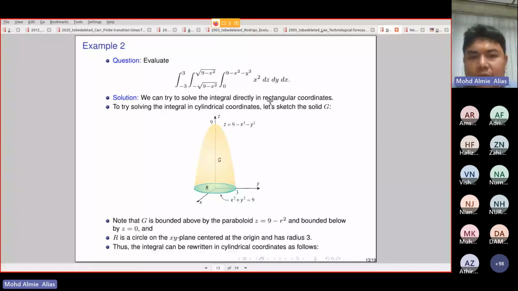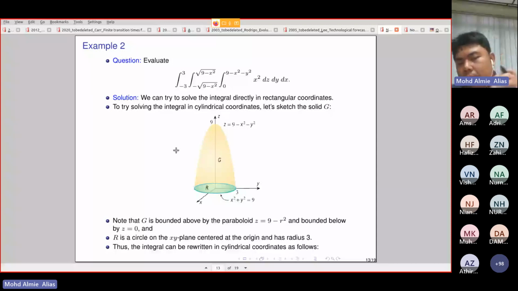Okay, let's say you are given this. I think this is quite easy because it's just a polynomial function, a linear function. We can try to solve this integral directly in rectangular, in Cartesian coordinates, just integrate with respect to z followed by y and x. You can try it.